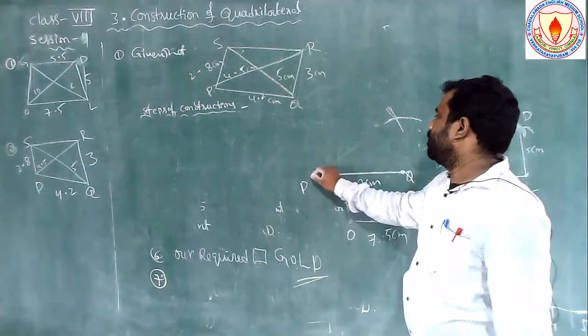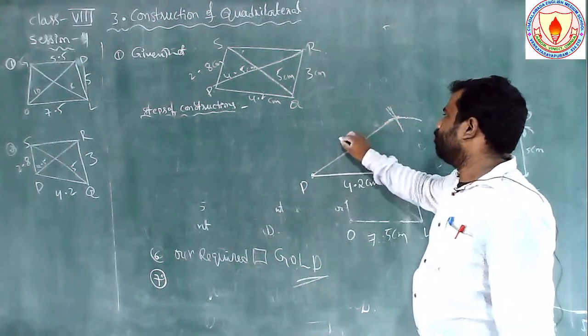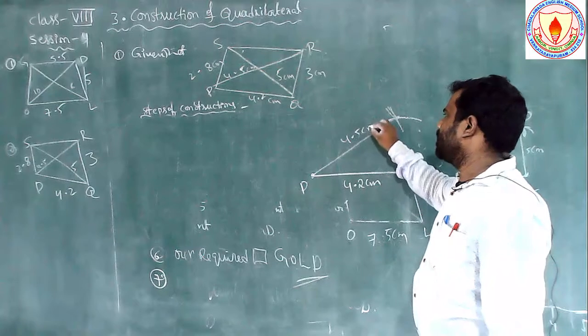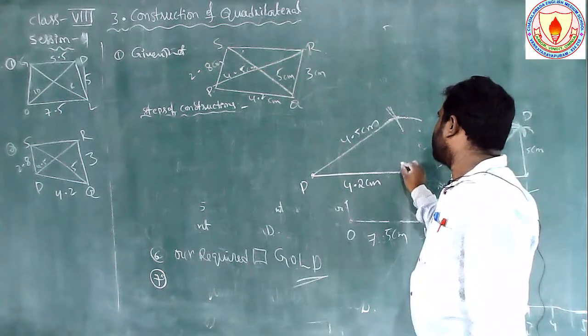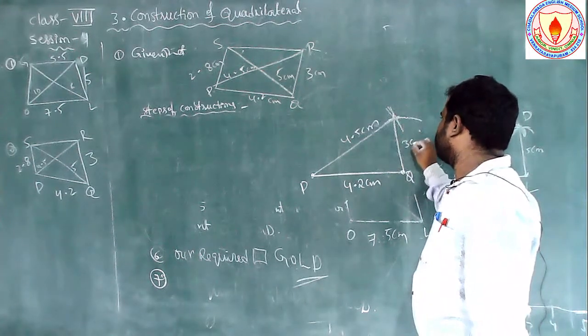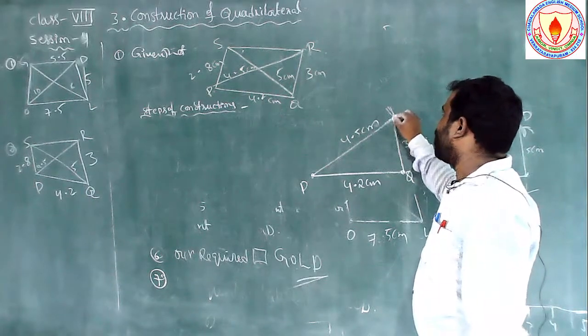So from here to here is 4.5 centimeters, and from here to here 3 centimeters. That intersecting point is R.